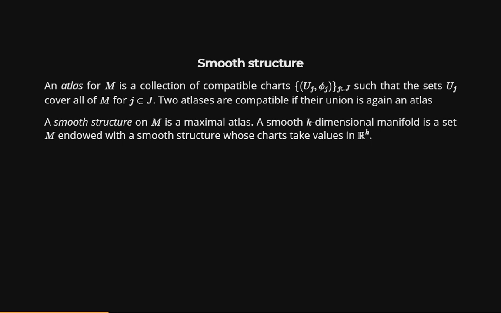So a smooth k-dimensional manifold is a set M endowed with a smooth structure whose charts take values in Rk. So it's taking pieces of Rk and gluing them up together in a smooth way. Okay.